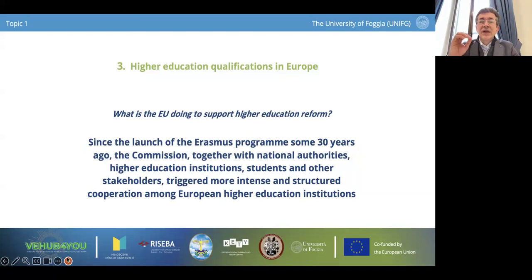What is the European Union doing to support higher education reform? Since the launch of the Erasmus program some 30 years ago, the Commission, together with national authorities, higher education institutions, students, and other stakeholders, triggered more intense and structured cooperation among European higher education institutions.